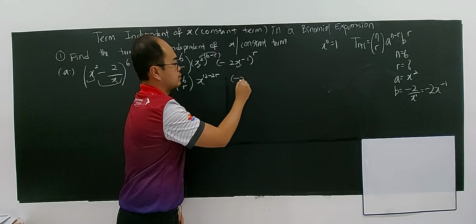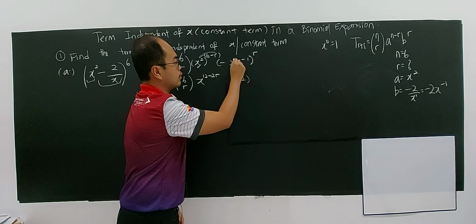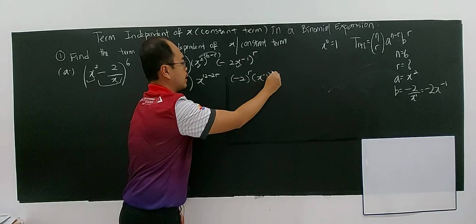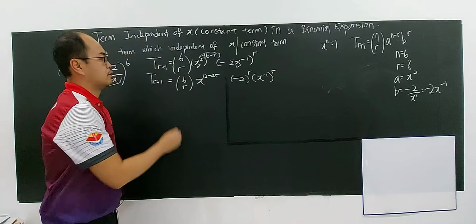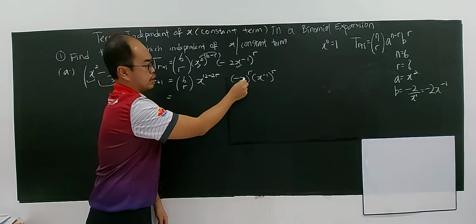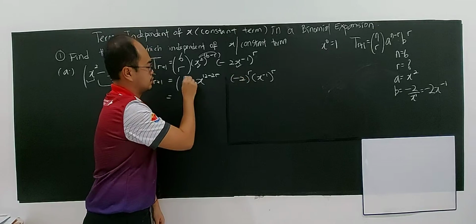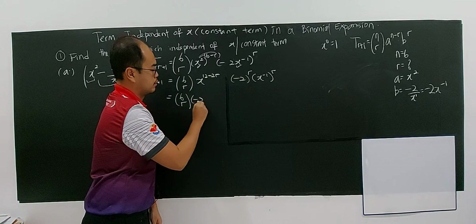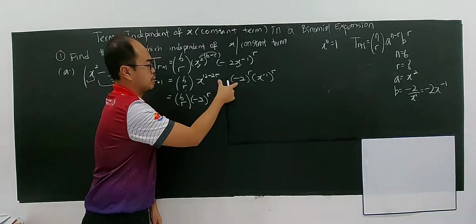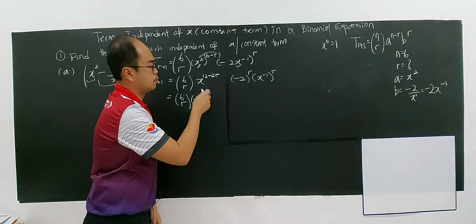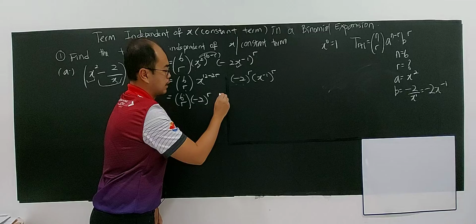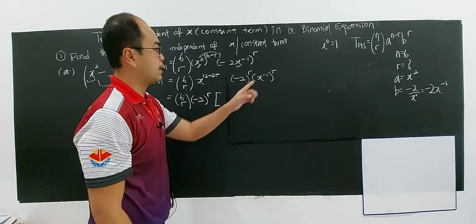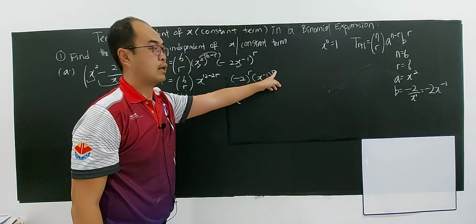You have to separate them, because negative 2 is to the power of r, and x to the power of negative 1 is also to the power of r. The negative 2 has no x, it's independent of x, so I put it in front. But this x and this x, I'm going to combine, because you want to decide the value of r.